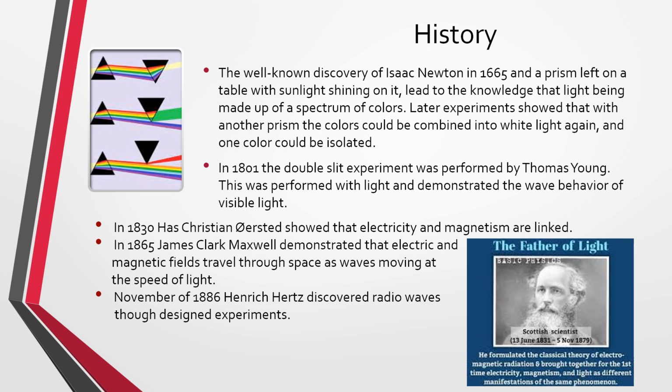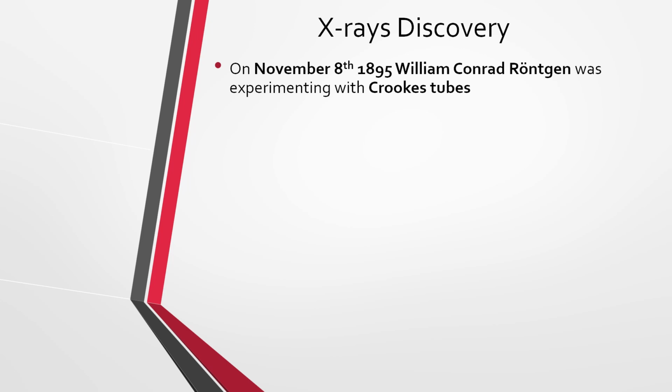So in November of 1886, Hertz discovered radio waves through designed experiments. Now we'll talk about how X-rays were discovered. On November 8th, 1895, William Conrad Röntgen was experimenting with something called a Crookes tube.